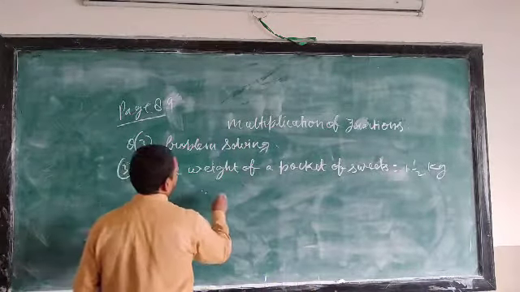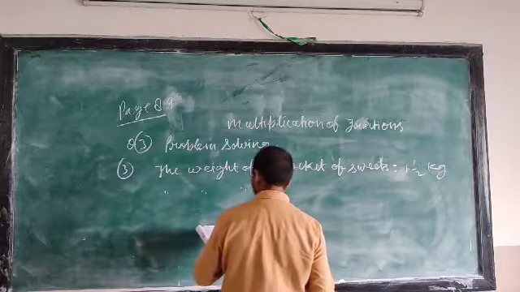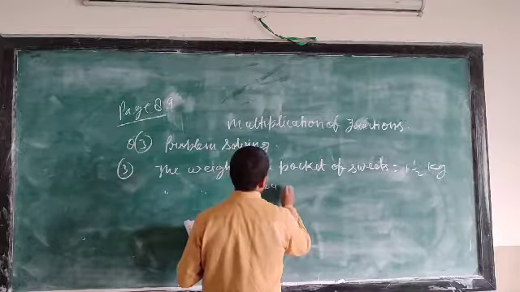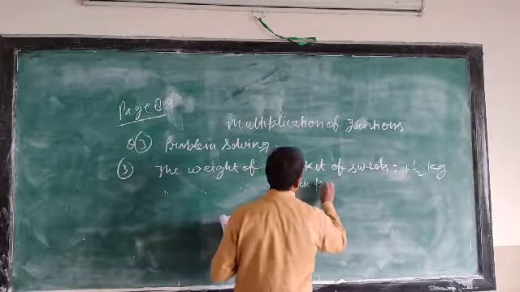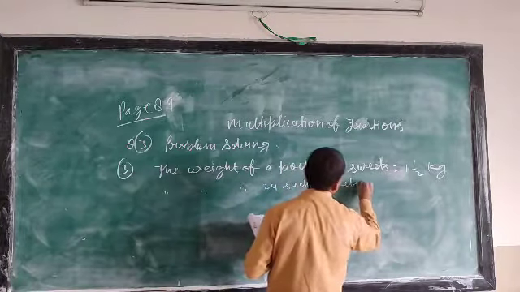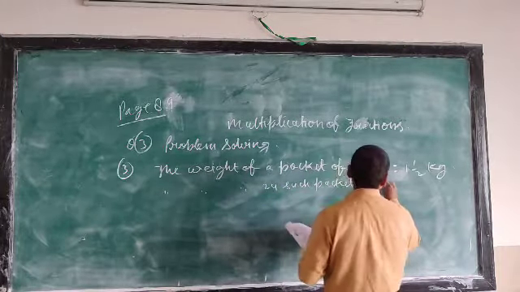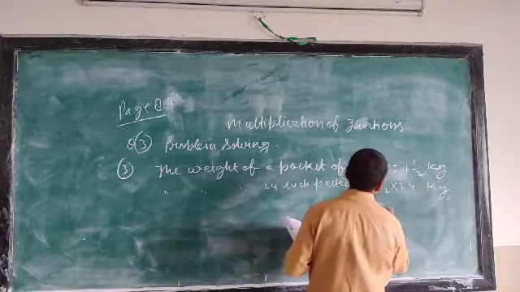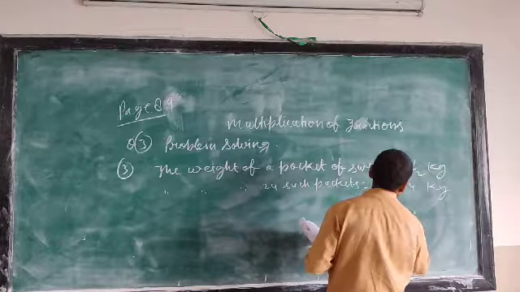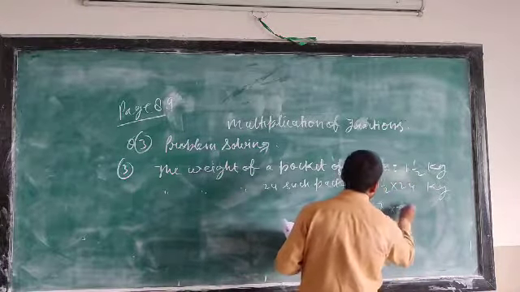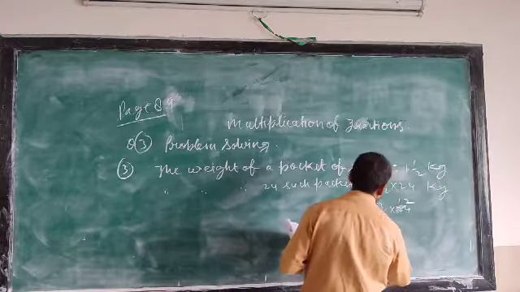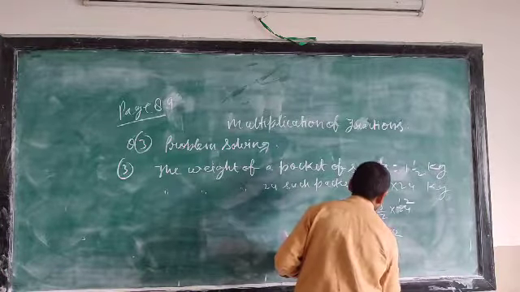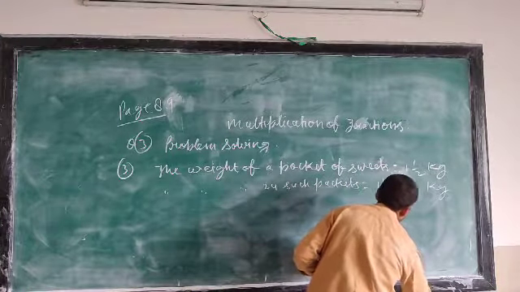Then the weight of 24 such packets. 1 and 1 by 4 multiplied by 24. So this will be 3 by 4 multiplied by 24. 1 by 2. So 3 multiplied by 12, that is 36 kg.